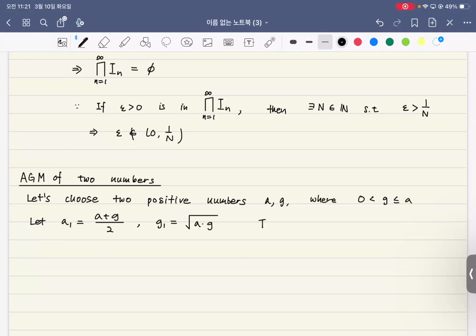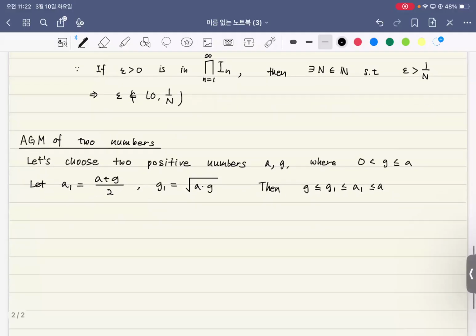Since A1 and G1 are the means of A and G, they must lie between these two numbers. However, because of the AG inequality, G1 must be less than or equal to A1. So we have these inequalities.